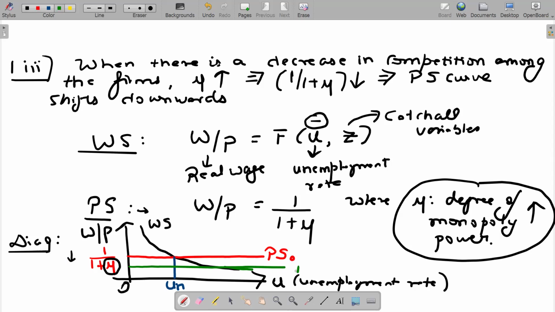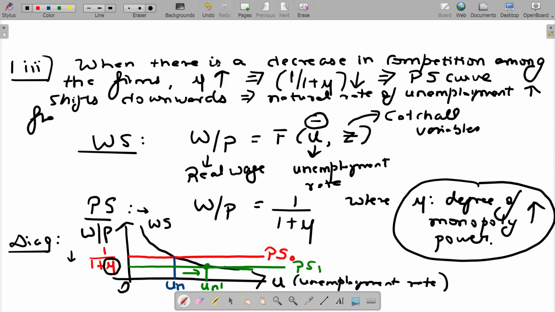The green one is PS1. The natural rate of unemployment goes up from UN to UN dash. So I can write this implies that the natural rate of unemployment increases from UN to UN dash. So my answer is there is going to be an increase in the natural rate of unemployment.